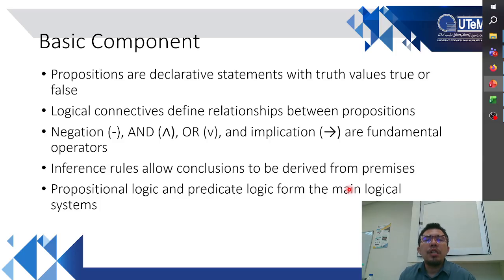The basic components in logical theory are four: first is negation, second is AND, third is OR, and the last one is implication. These are the basic operators that we will learn today.